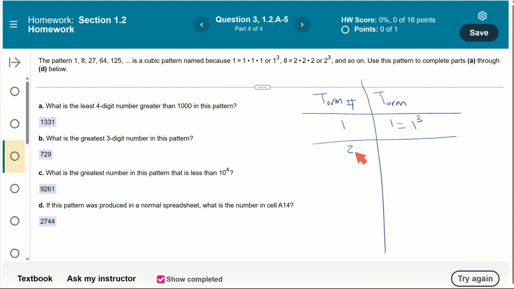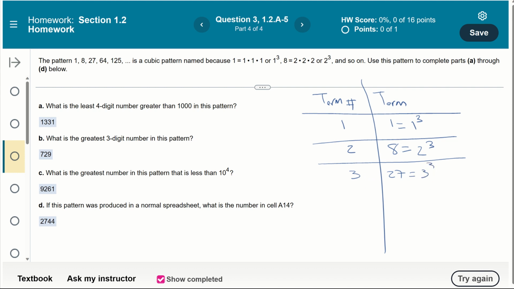The second term is 8, which is of course 2 cubed. The third one is 27, which is 3 cubed, etc.